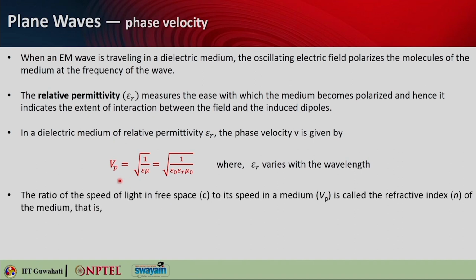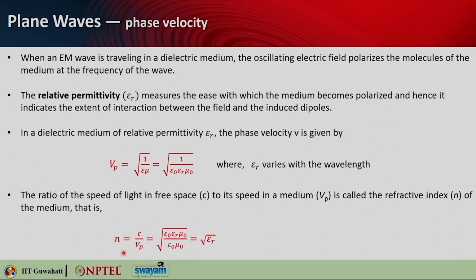Phase velocity also gives you one important thing. Once you know the phase velocity, you can find the ratio of the speed of light in free space, given by c, to the speed in a medium, that is its phase velocity, and this ratio is nothing but the refractive index.